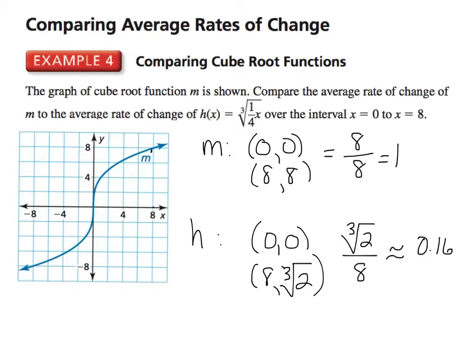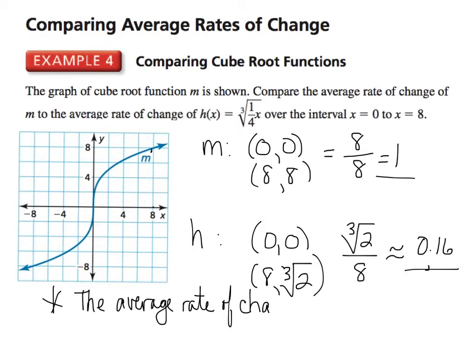So we want to compare the average rates of change. Now, there's no verbiage here. There's no meaning to any of this. So what can you tell me? You could say the average rate of change of m is 1 and the average rate of change of h is about 0.16. But what does that mean? Remember, this is your comparison statement.